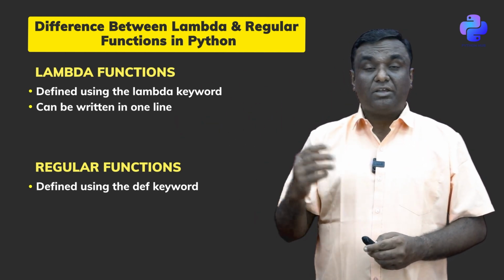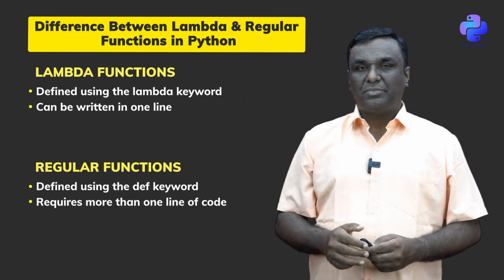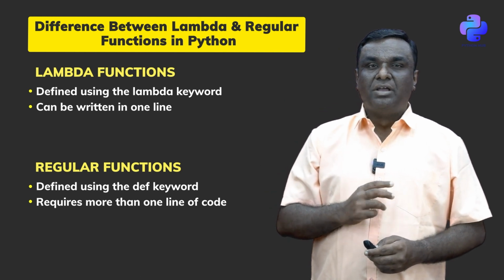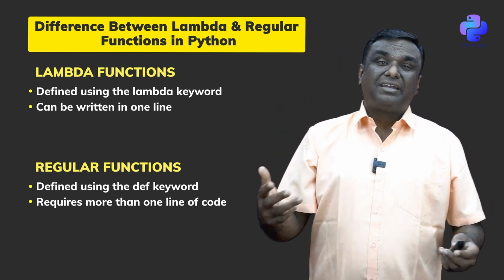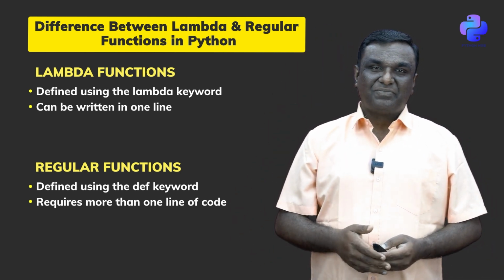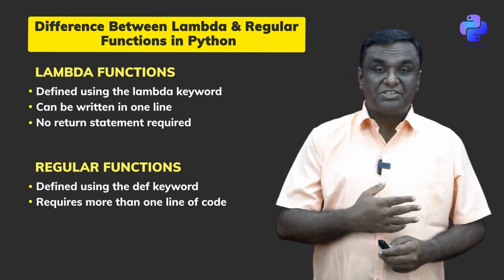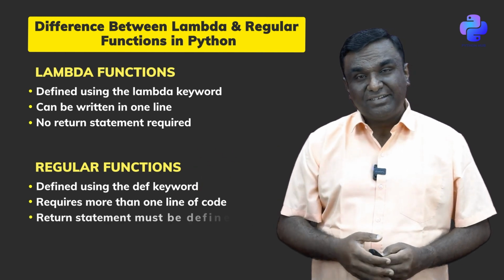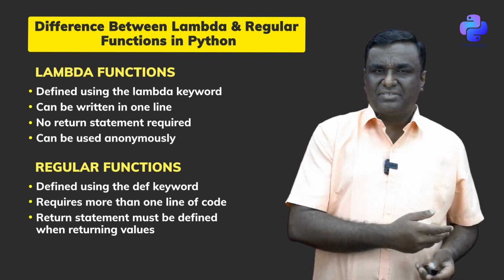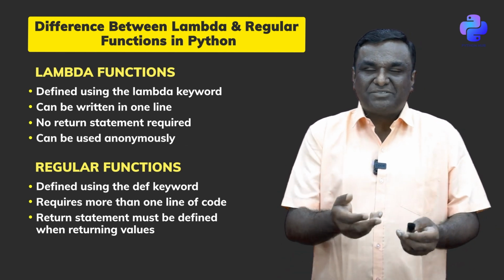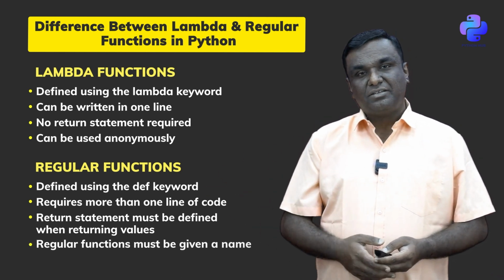But when you talk about the regular function, you can use multiple lines of code, and usually you write it with multiple lines because the first line is more about defining the function name, then you write the body of the function, then you write the return statement. Writing it in one line of code is a challenge. No return statement is required in Lambda, but on the regular function side you definitely need a return statement. And Lambda can be triggered anonymously. That's by design, isn't it? It's an anonymous function, so you don't need a name for it. But for a regular function, you need a name.